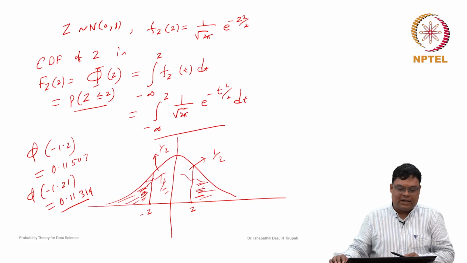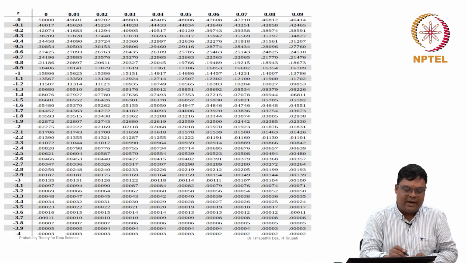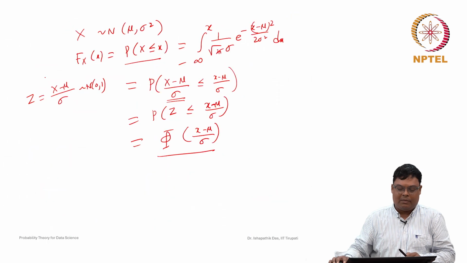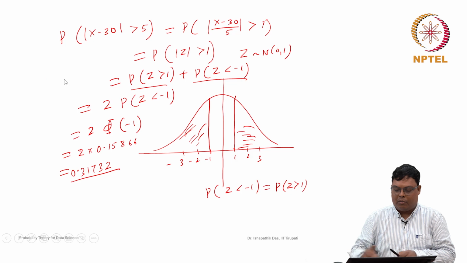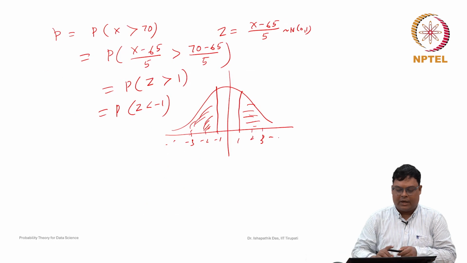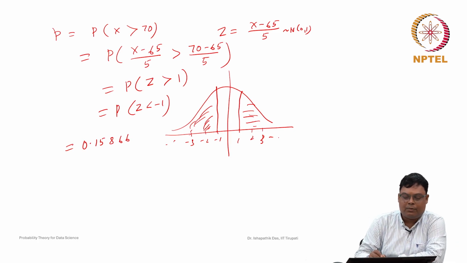The probability that Z is less than minus 1 is 0.15866. So now we know this probability p.